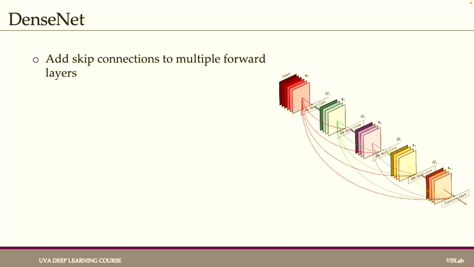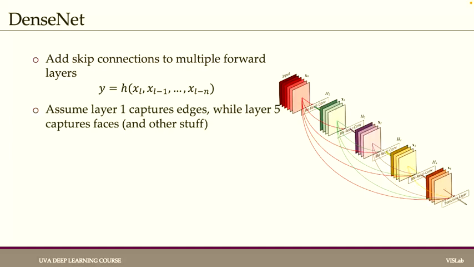So the motivation is, if you assume that the first layer captures something low complexity, like edges, for example, and the higher layers capture something more complex, let's say faces, then why don't you allow the last layers to also use some of these very low complexity features?